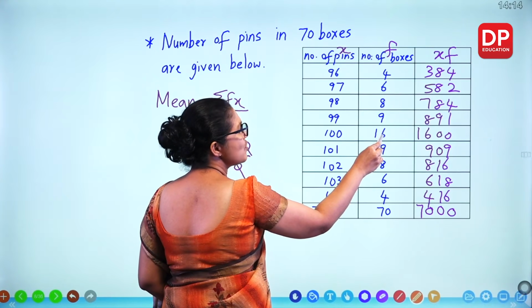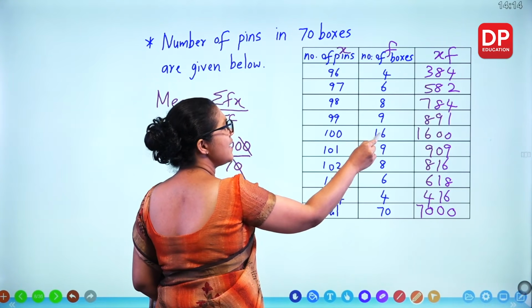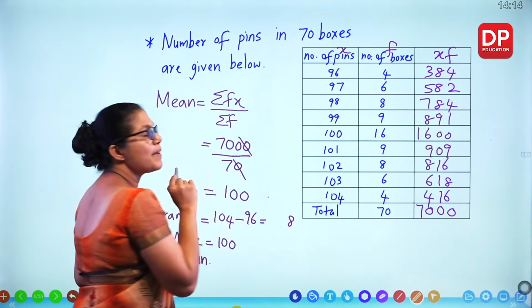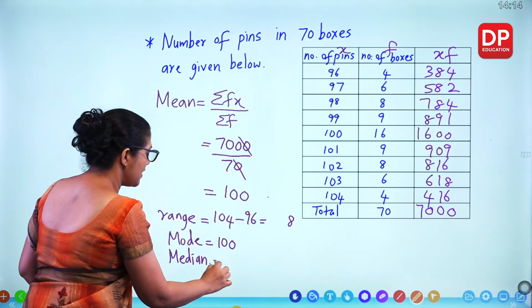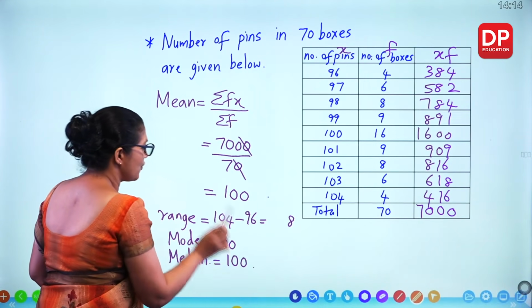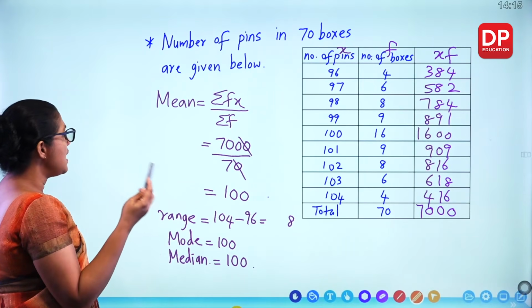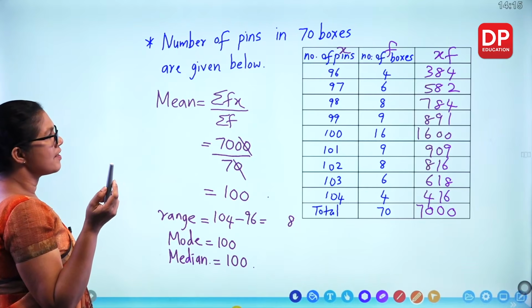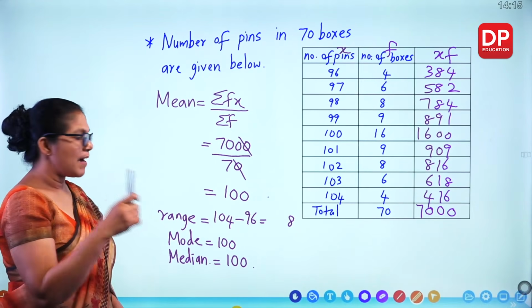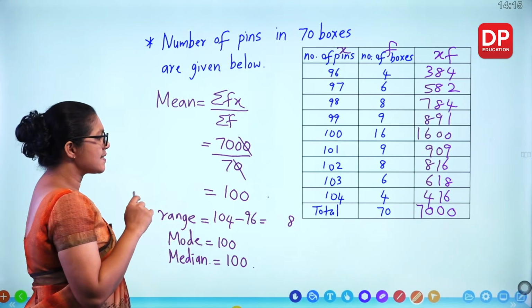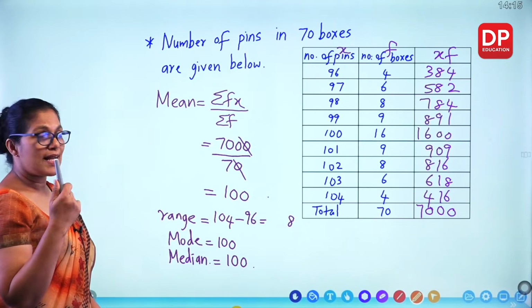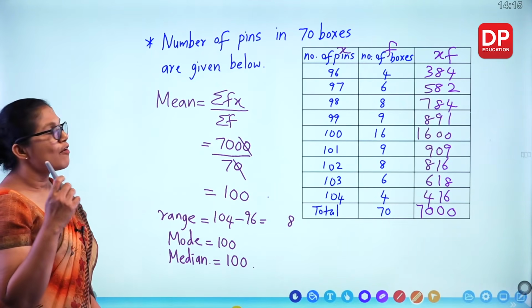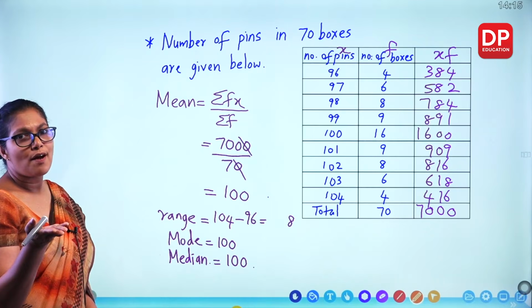So in this region is the 35th one and 36th one. So the median is 100 again. In this data set, mean, median, mode are all equal and it's 100. So looking at all these statistical measures, we can say the number of pins in a box is roughly 100.